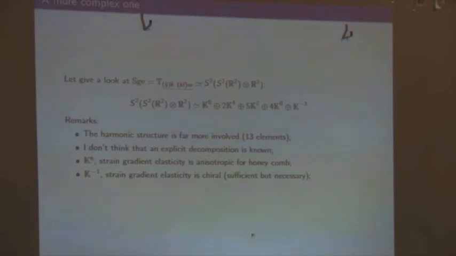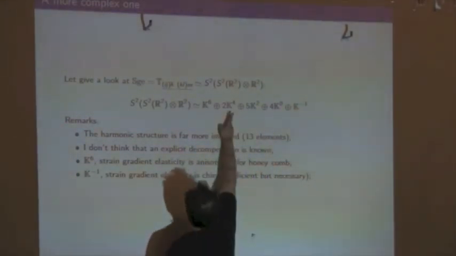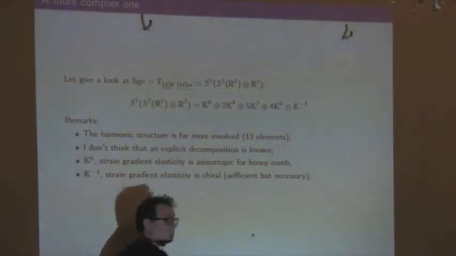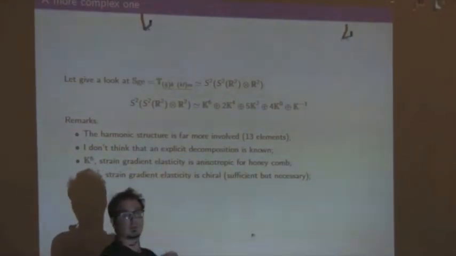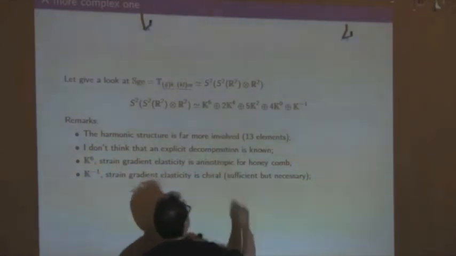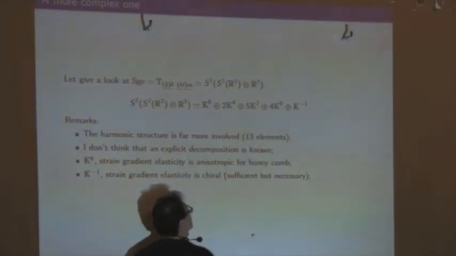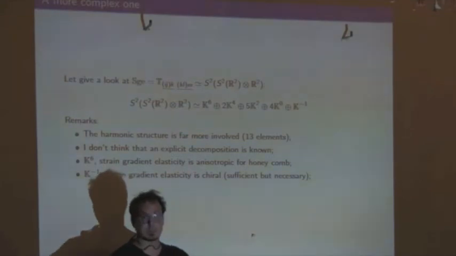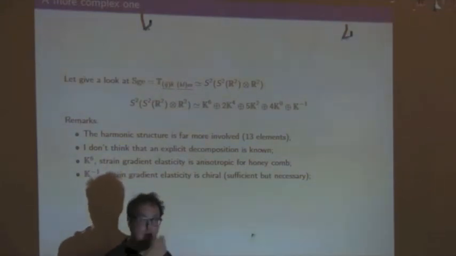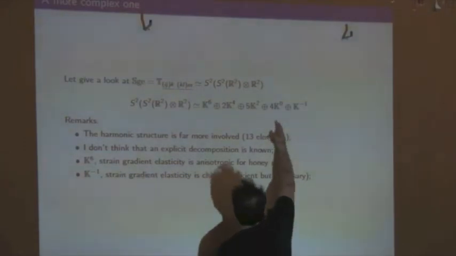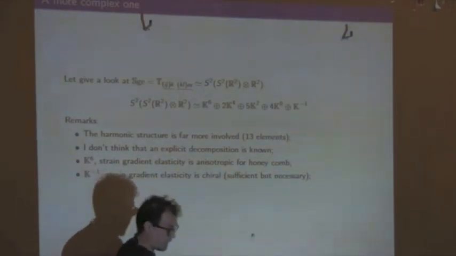I don't think somebody writes explicitly one type of decomposition, and you can see that there are a lot of ways to write this decomposition because the elements in K4 are not uniquely defined. You can apply any linear transformation because you have two K4 spaces. It is the same for the K2 space, which appears 5 times. So the elements in this part are not uniquely defined, and the same for the isotropic coefficients.